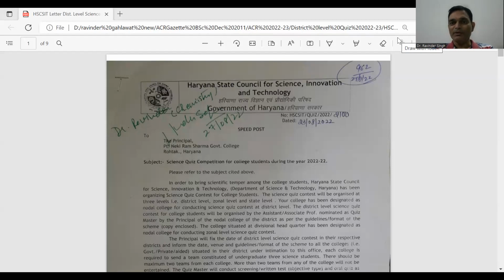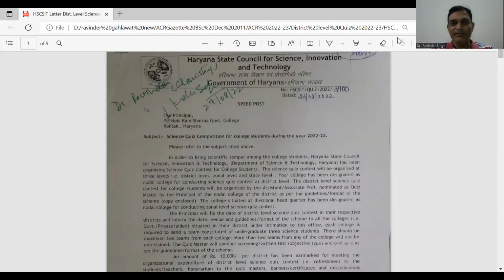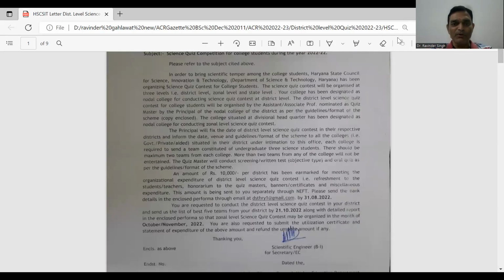As per letter number 2100 dated 23rd August 2022, HSCSIT Panchkula gave the responsibility to some of the colleges to conduct the district level science quiz competition and give the complete report to the DST department, so that the next zonal level science quiz competition may be conducted in October and November.